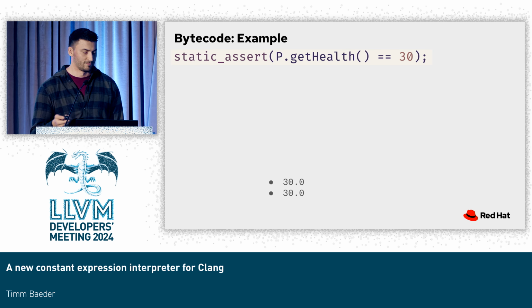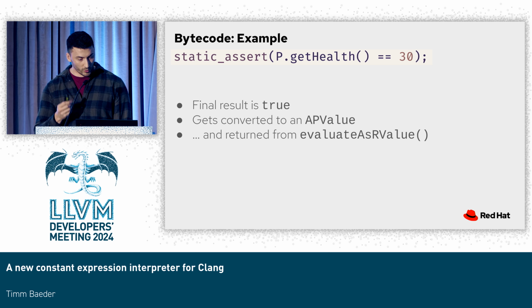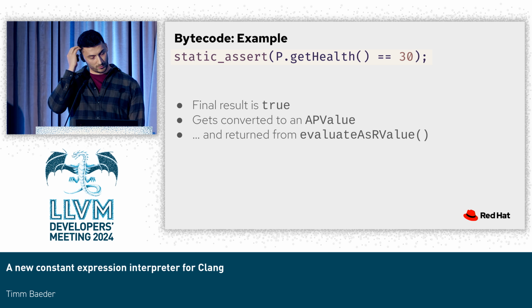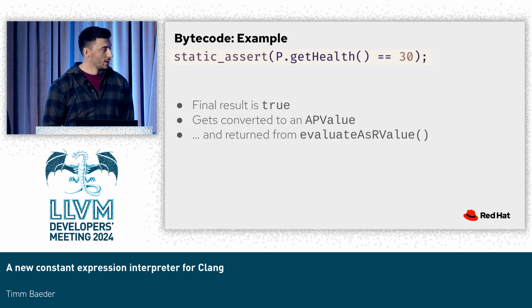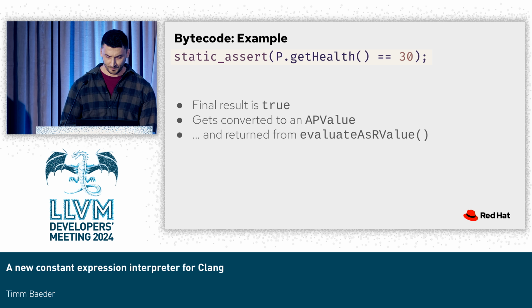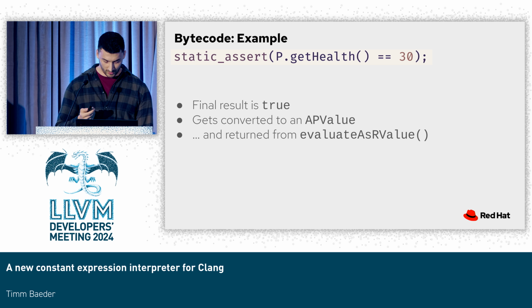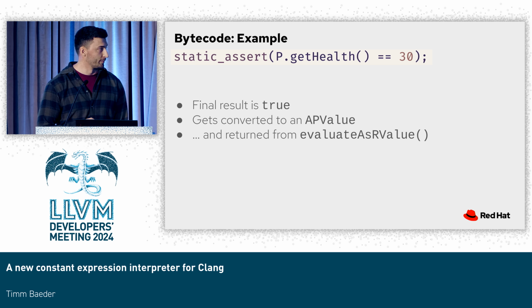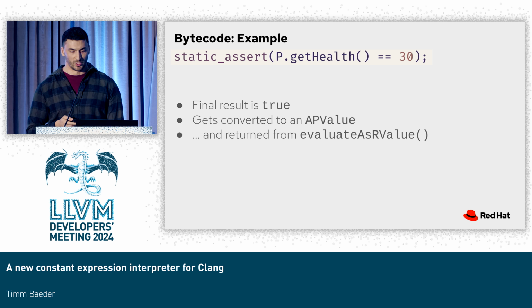It's going to be equal, as you can see. And so the result we will then convert to an APValue. This is the only time in this case that we will convert anything to an APValue. And we will return that to evaluateAsRValue. And your compiler is not going to yell at you because the assertion did not fail.